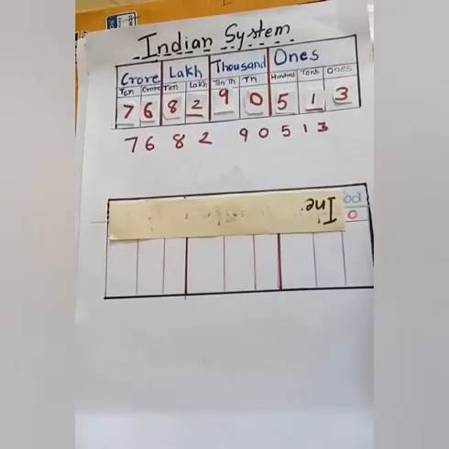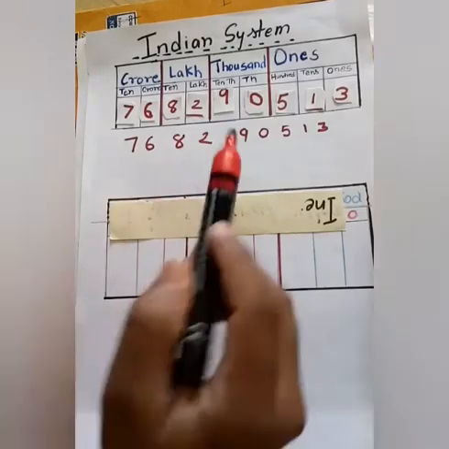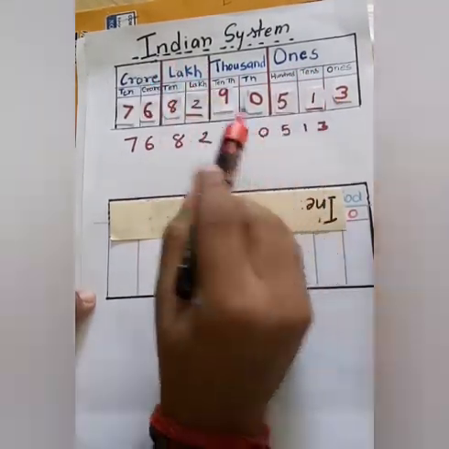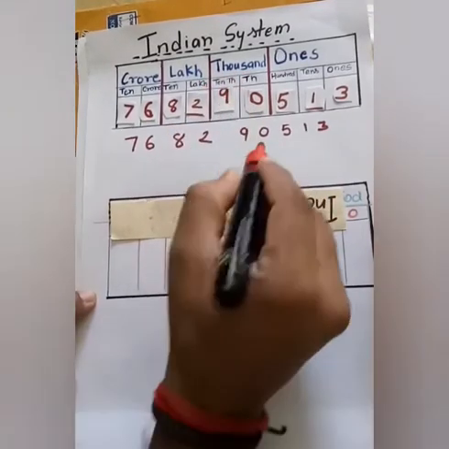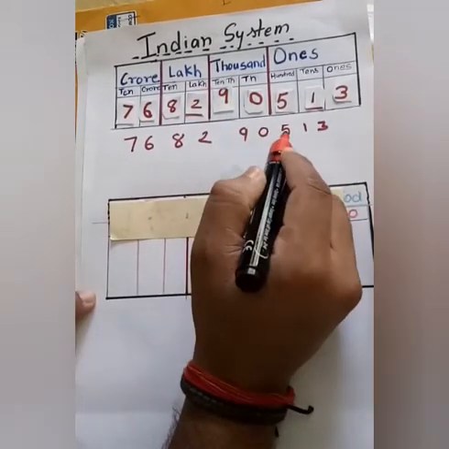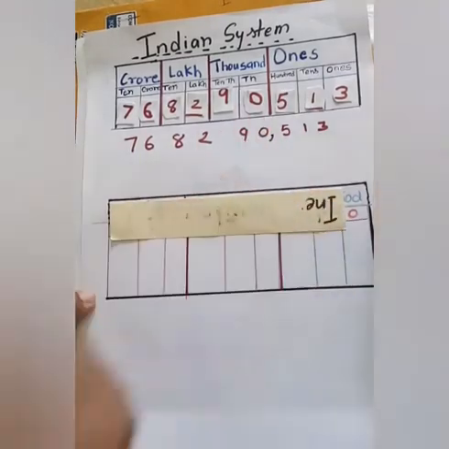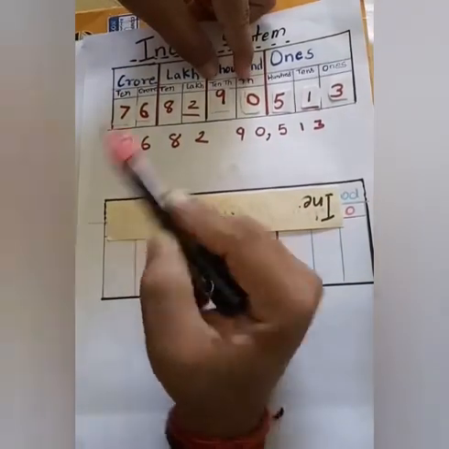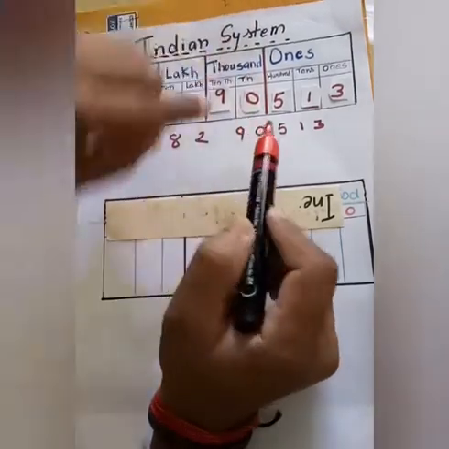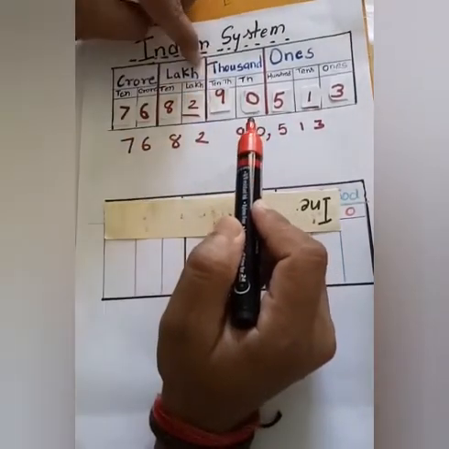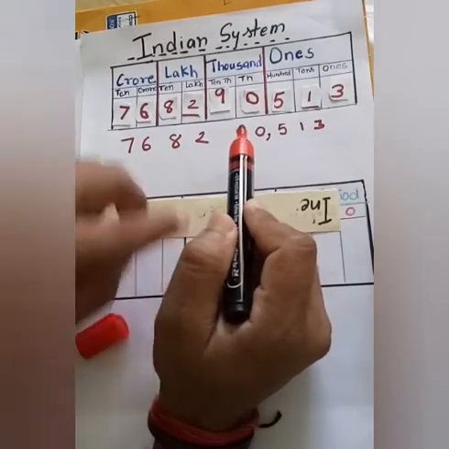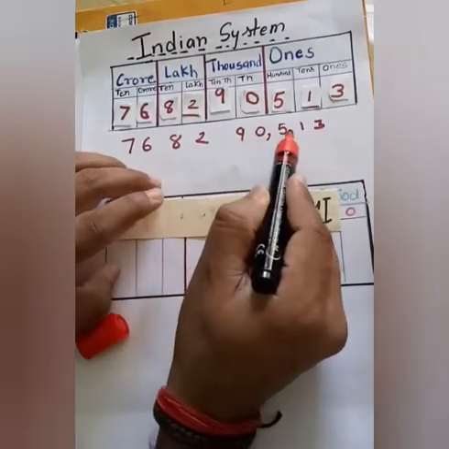Let's put the commas. Where will they come? As I told you, once it has three digits, after three digits the thousands period starts. So the comma comes here. Now thousands contain two digits, 9 and 0, thousand and 10,000. After 10,000 the lakhs period starts. We put a comma to separate thousands from lakhs.